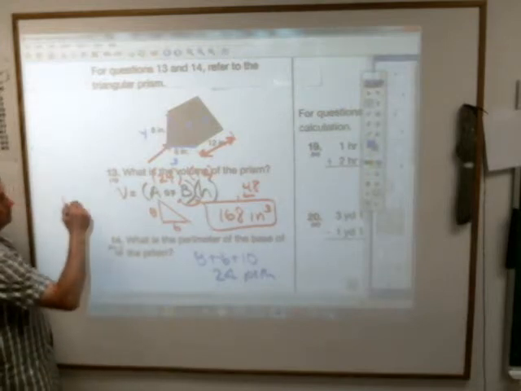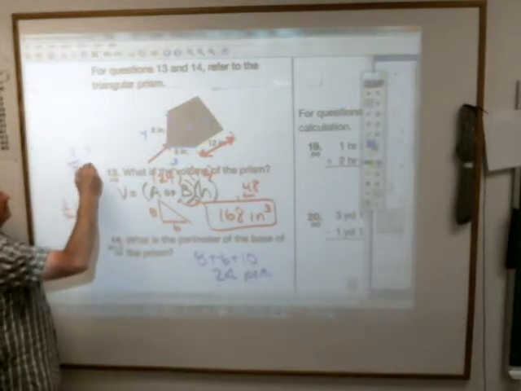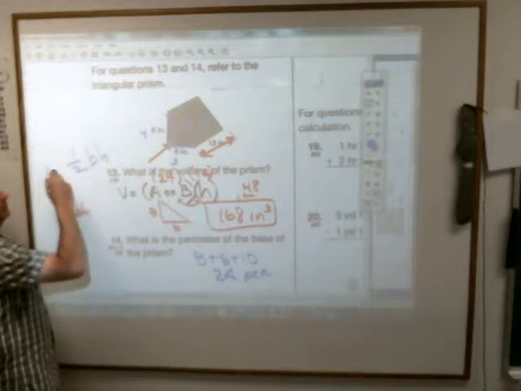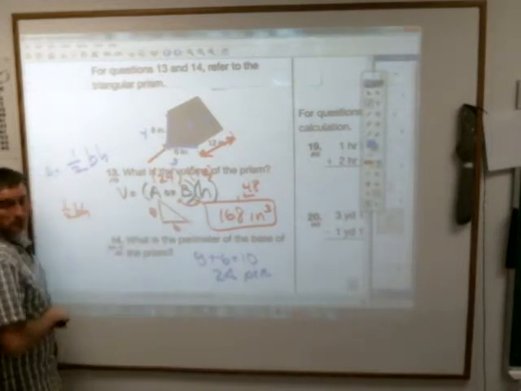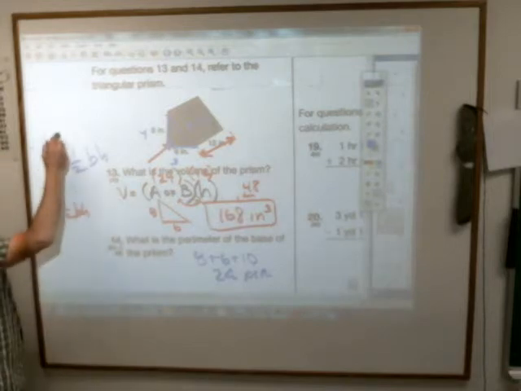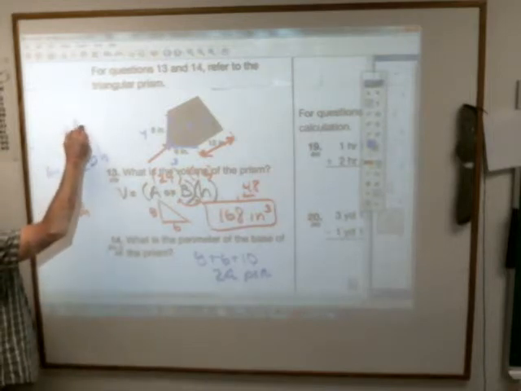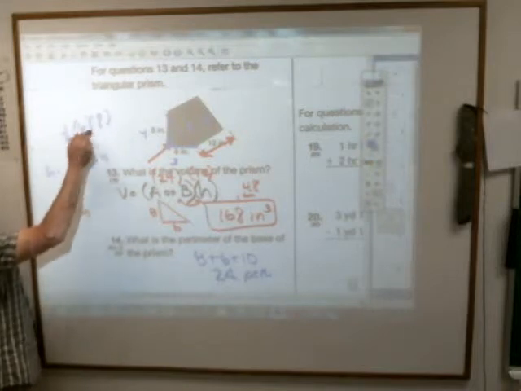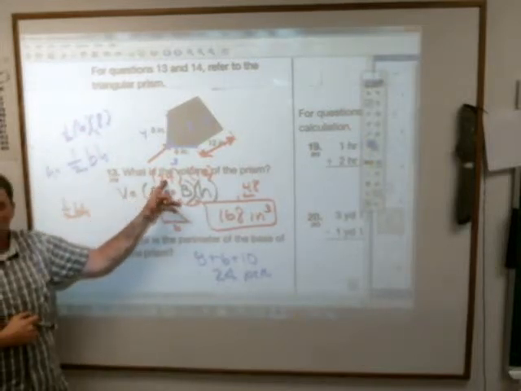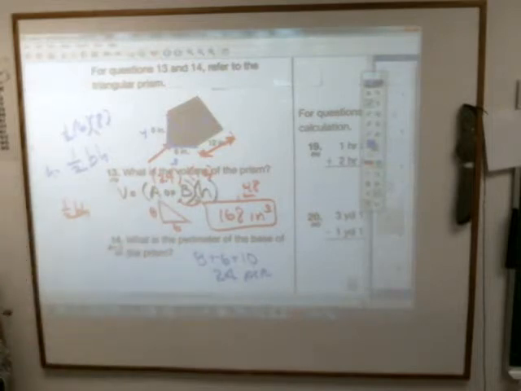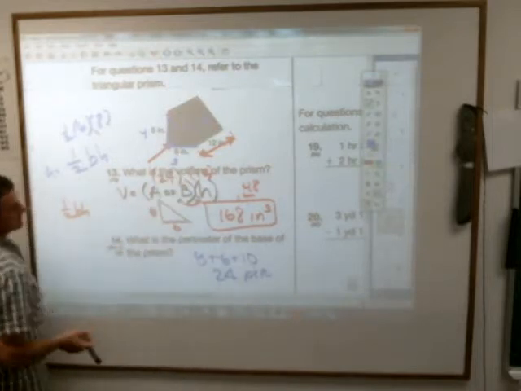Wait, where did you get 10? 1/2 base times height is the triangle. This is the base, this is the height, they form the right angle. So it's 1/2 of 6 times 8. 48 cut in half is 24. And the height has to be the 12, that's the other side.